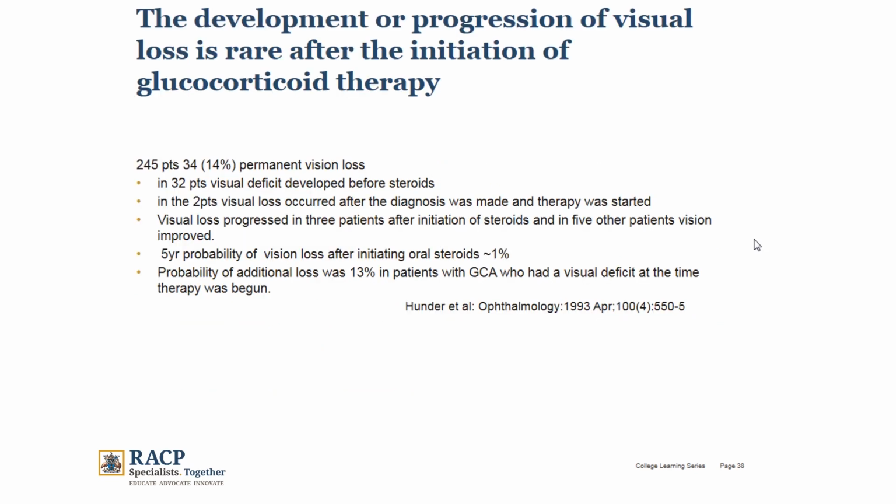It is important to start steroids as soon as giant cell arteritis is suspected, because the risk of vision loss in the other eye is high. However, once steroids are started, the risk of vision loss decreases significantly, and in this study the 5-year probability of vision loss after starting steroid was down to less than 1%.